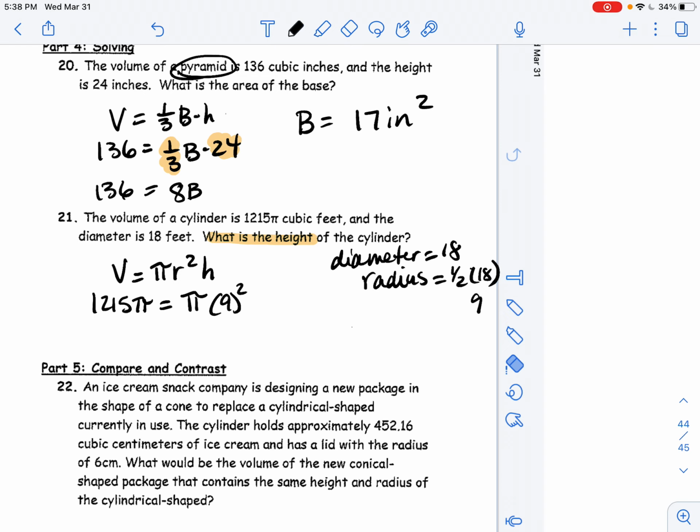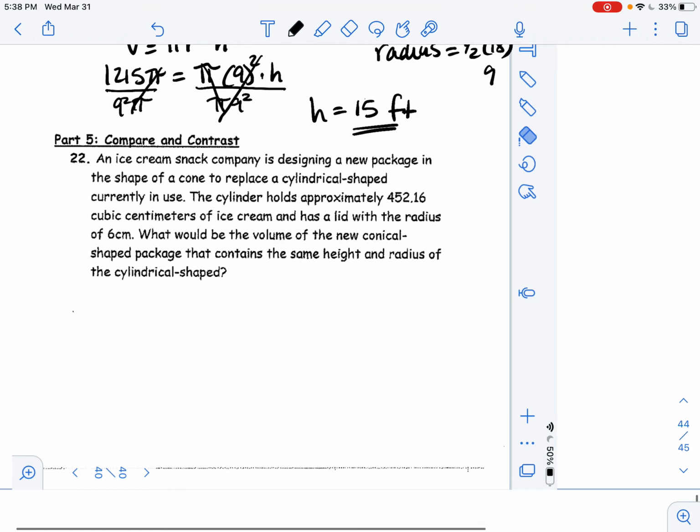So it's going to be 9 squared. Question says, what is the height? And so that's what we're trying to figure out. If I divide both sides by 9 squared pi, in my calculator, 1215 divided by 9 squared, the height is 15, and this is feet.